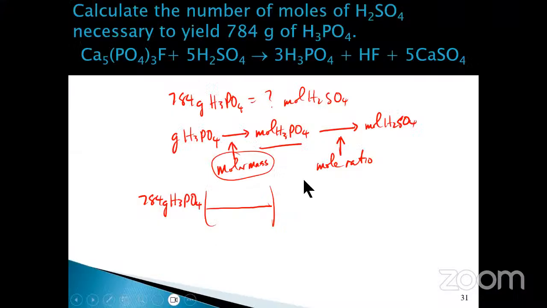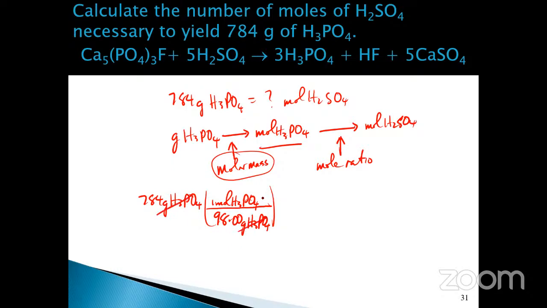So I'm going to put that down here: 98.00 grams of H3PO4 would be equal to 1 mole of H3PO4. All right. Okay, so that's the first step. And of course, this would be the arrangement because we want this to cancel out with this.